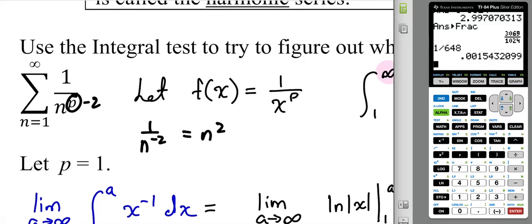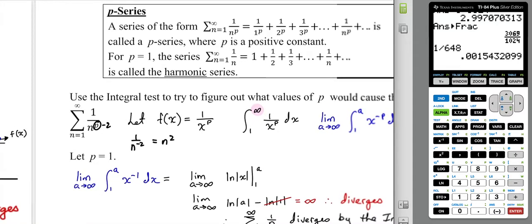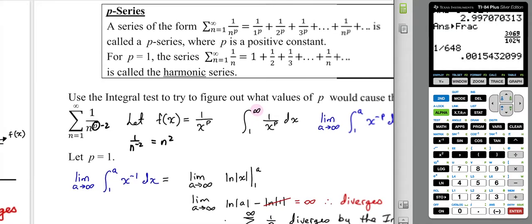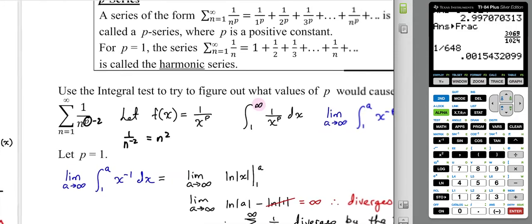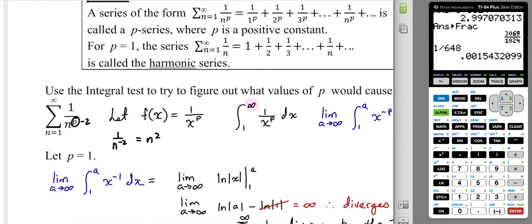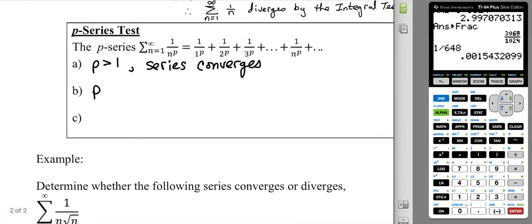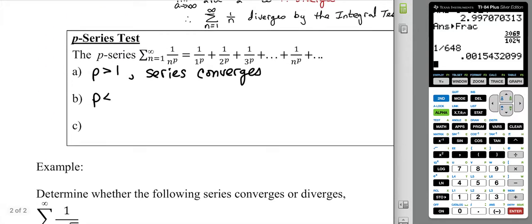So that's not a p-series. p-series have to be in the form of 1 over n to the p, where p is a positive constant. So we could also draw a conclusion that if p is less than or equal to 0, it's not a p-series.